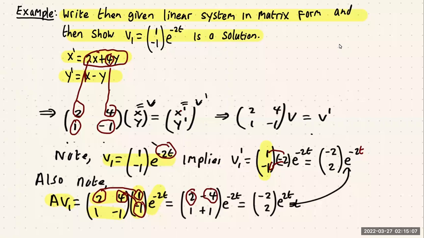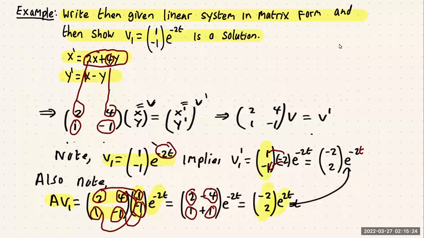That's 1 times 1, and negative 1 times negative 1. Adding those becomes the vector -2, 2 times e to the minus 2t.